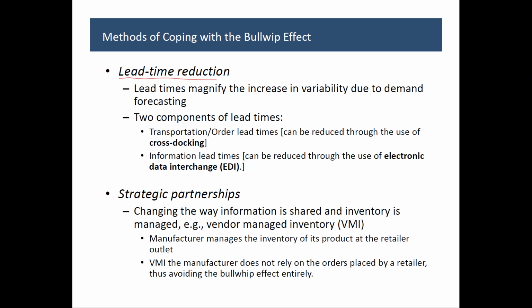So we have two components of the lead time that need to be mentioned here. One is transportation or order lead times, and they could be reduced, for instance, by concepts like cross-docking. That is a specific transportation method where you change over from one transportation mode to another, and that one is planned in more detail so that no waiting time is induced.